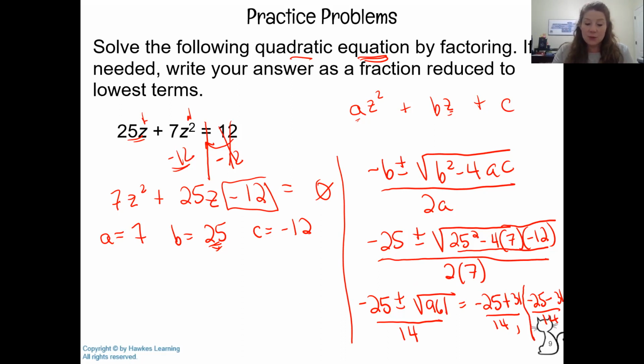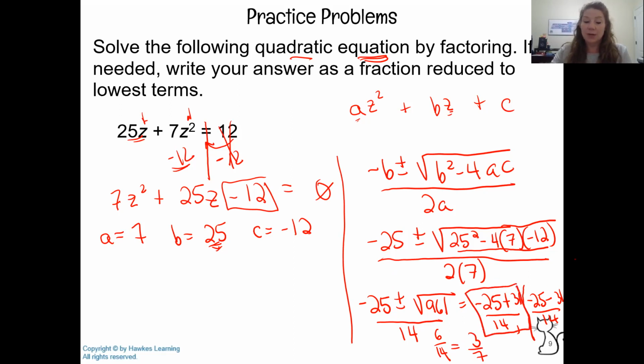So -25 plus 31 equals 6, and 6 divided by 14 is 3/7. So we're going to leave it in fraction form. On the top we have 6, and on the bottom we have 14. So that would equal 3/7.